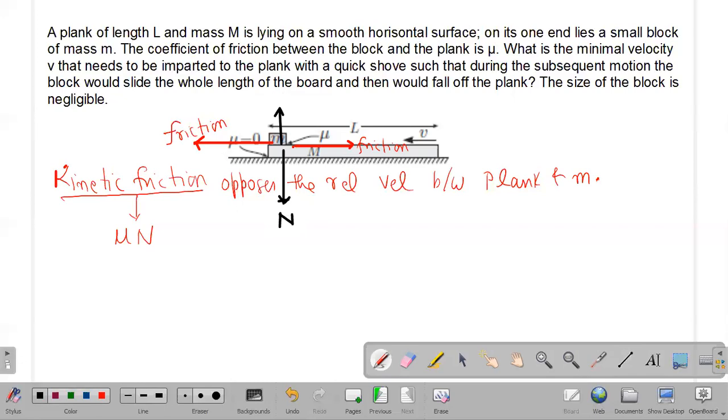This normal is between small m and capital M, and it is equal to little mg.